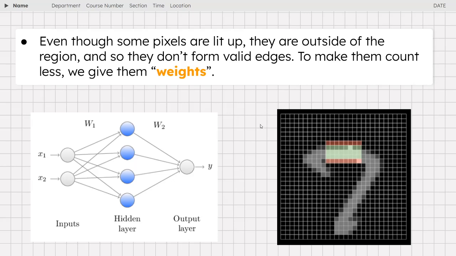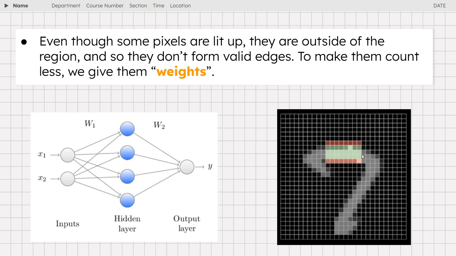But how do we calculate weights, or how do we assign weights? Well, let's say for this particular neuron, it's only checking this particular area, the green area. If it's inside the green region, we could give it a higher weight or a positive weight. If it's outside of the shaded region, the red, we could give it a negative weight.